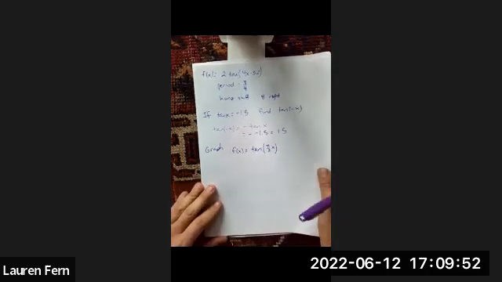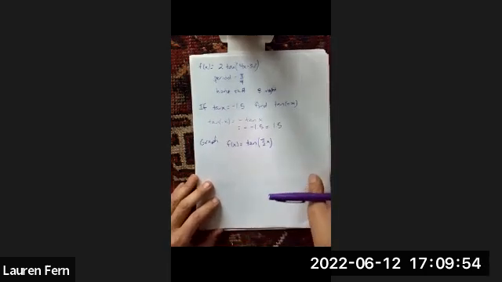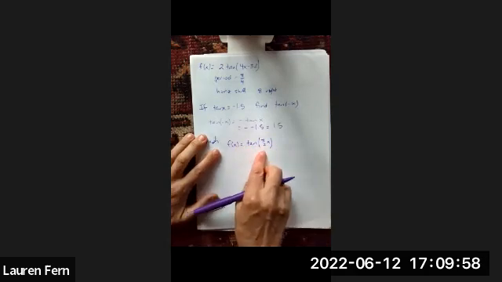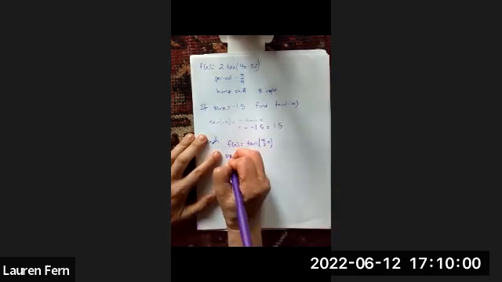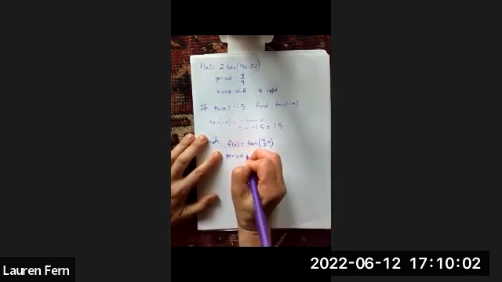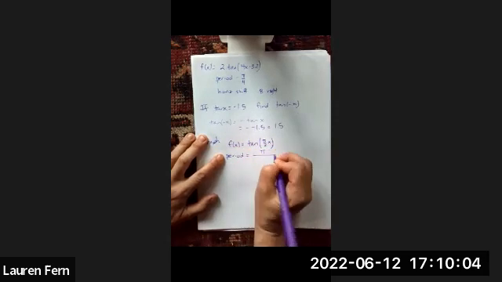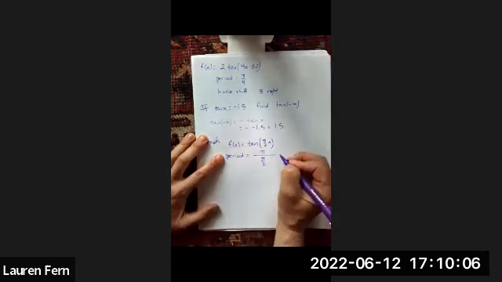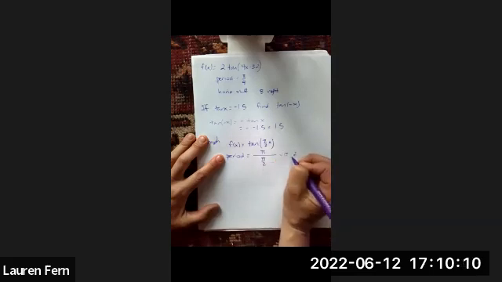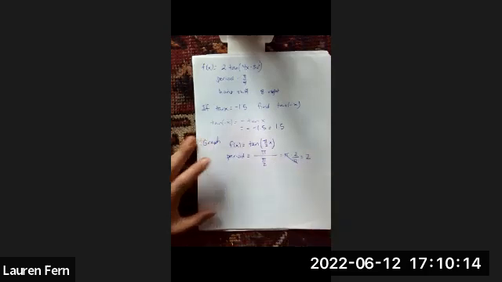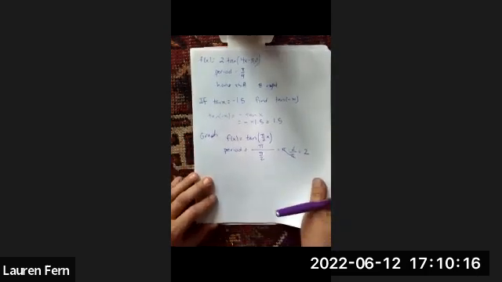What I'm really wanting to do here is just make sure that we're cool with the idea of the period. So my period is pi over 2, which is pi divided by pi over 2 times 2 over pi. So now my period is 2.